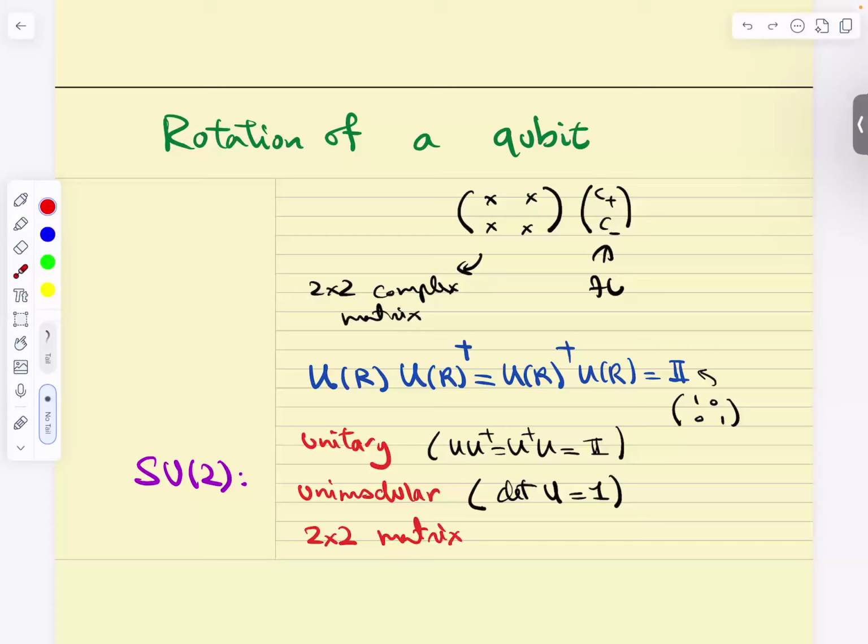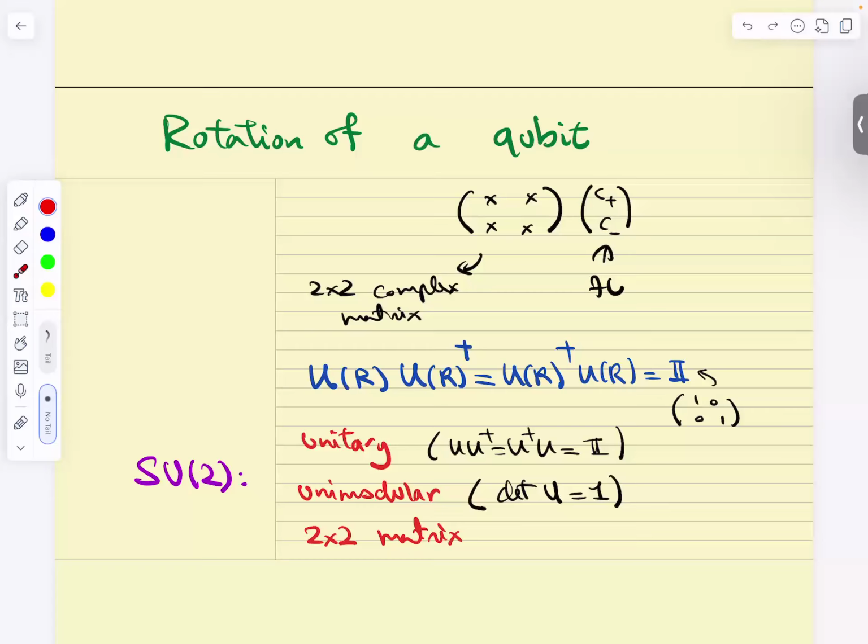So I have determinant of U dagger times determinant of U is equal to 1. So what is the determinant of U dagger? It's determinant of U star, complex conjugate. So the whole thing, the norm of determinant of U is 1, which means that determinant of U could be a phase.